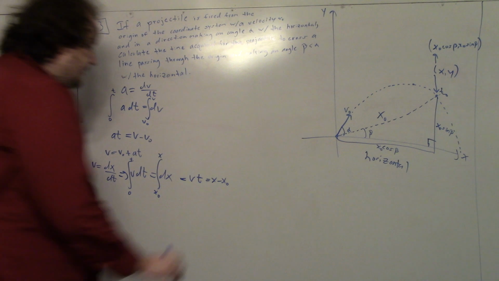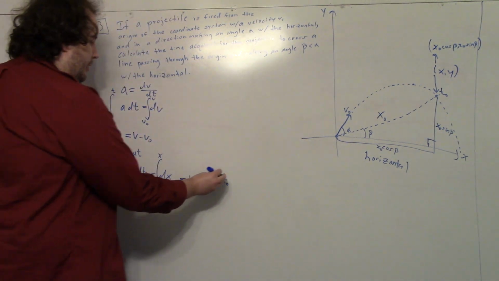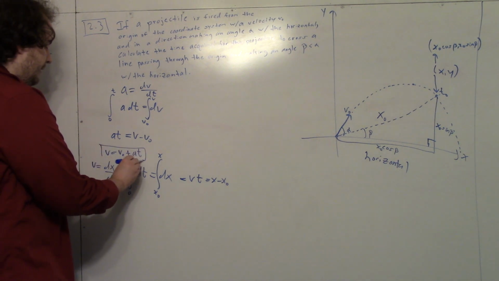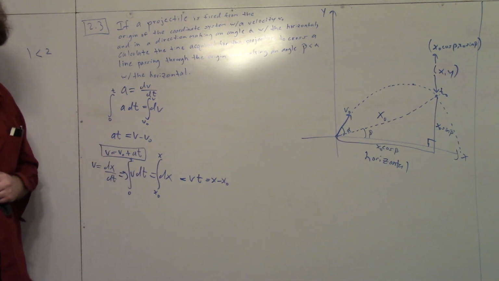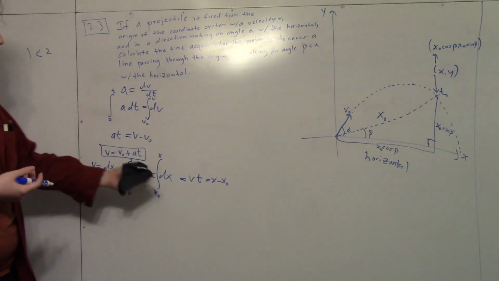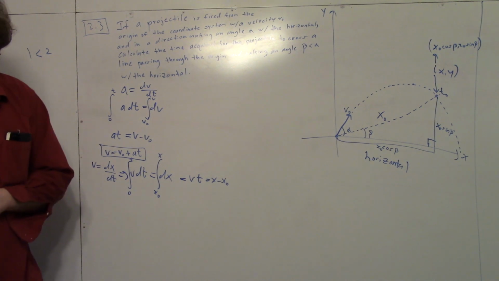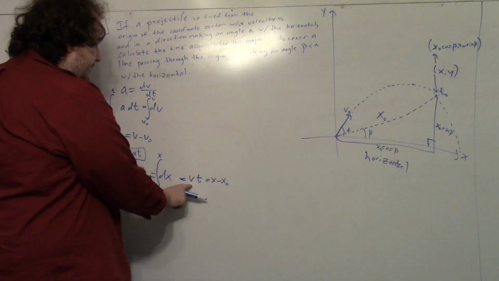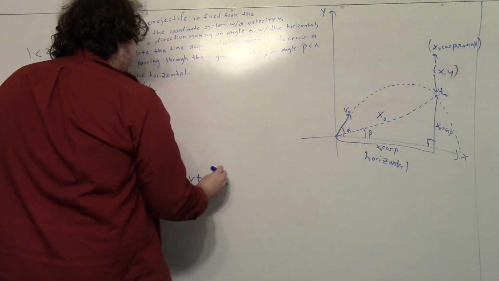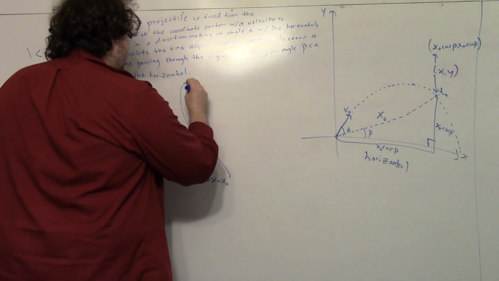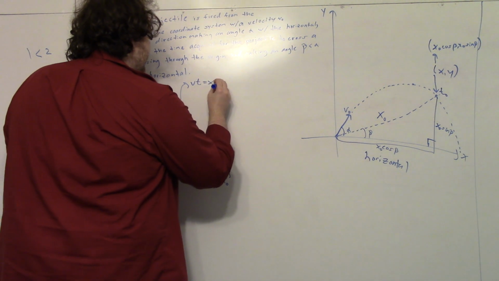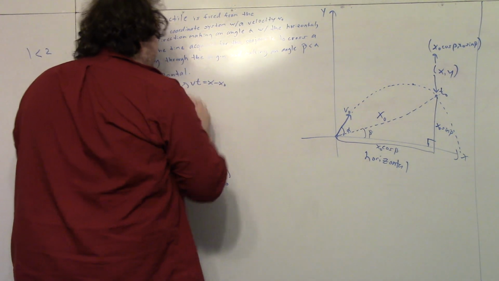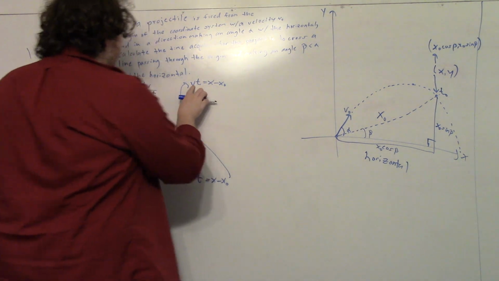Okay. So if this is what we have for v, we're just redefining. I could have just written these equations, but I wanted to show you where they came from, so I'm not pulling them from thin air. So if vt is equal to x minus x naught, what's our v?